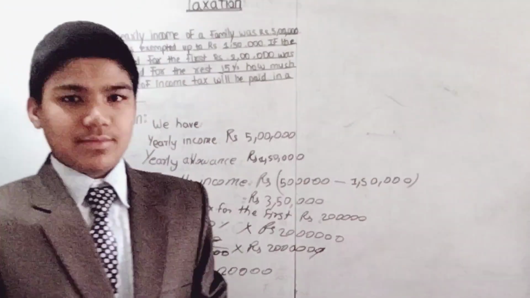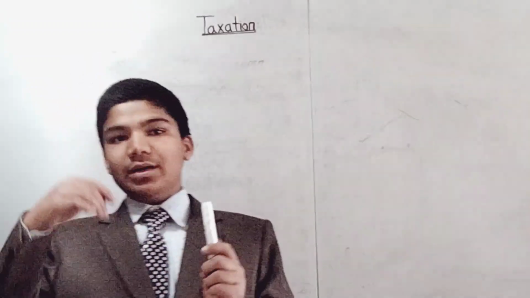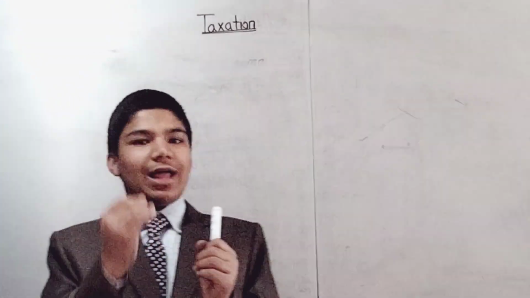Let's know that. After this, we have to find remaining taxable income, for which we have to subtract 2 lakh from taxable income, which was 3,50,000. So let's do that.